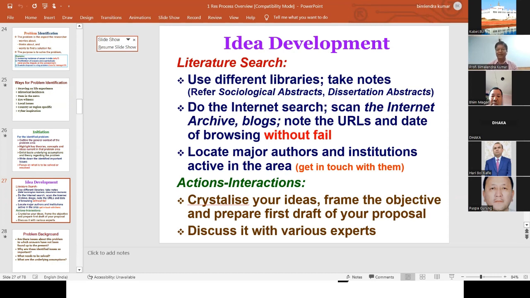In a very brief manner, I will tell you that there are so many abstracts of social science subjects which are published yearly by the University Grants Commission, and there are funding agencies in India like the Indian Council of Historical Research, Indian Council of Social Science Research, Indian Council of Philosophical Research, Indian National Science Academy. There are so many funding agencies, government agencies, national archives.